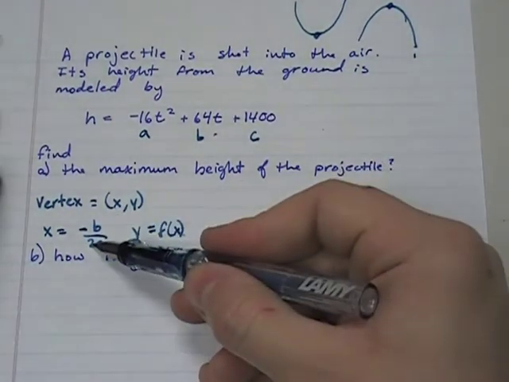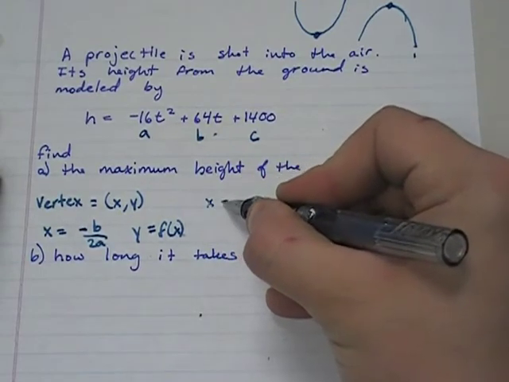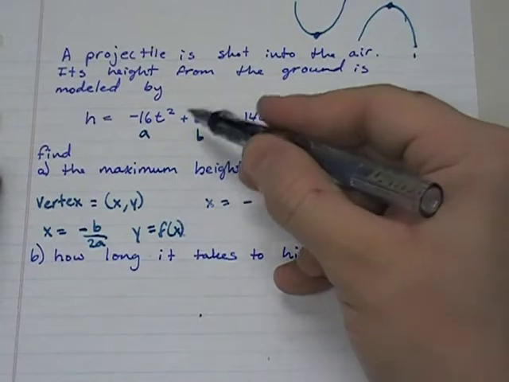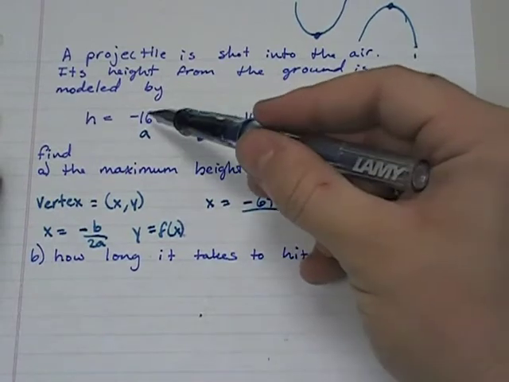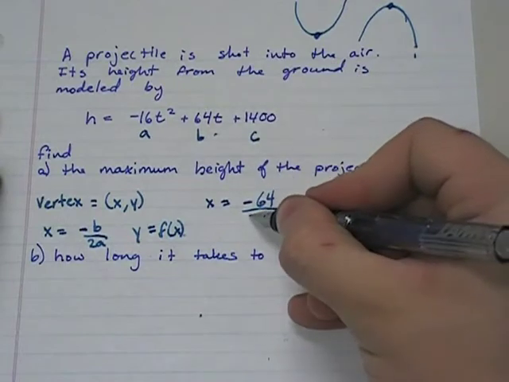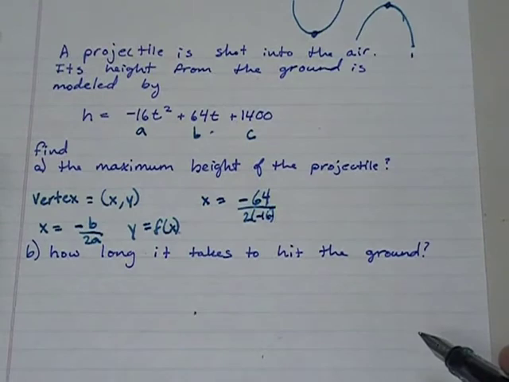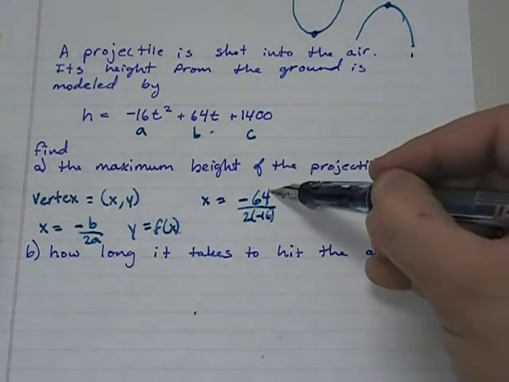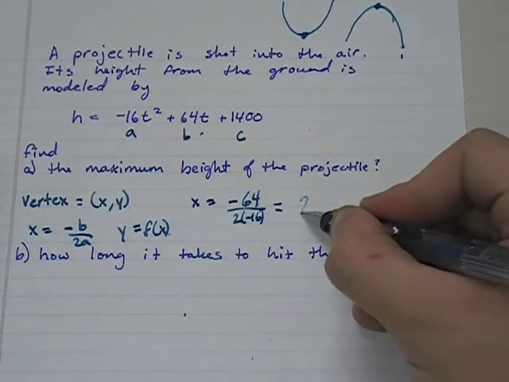So let's find our x-coordinate. The x-coordinate will be negative b, 64, over 2a, which will be 2 times negative 16. Basically, what do we get? We get negative 64 divided by negative 32, which gives me 2.